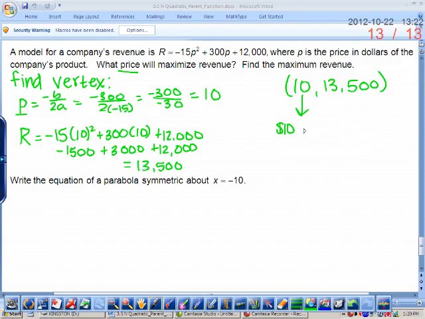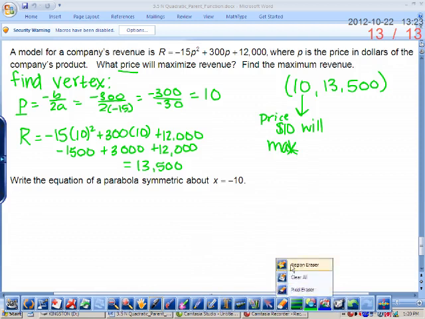So $10 will maximize revenue. Yes, I should say price of. When we solved for the x value of our vertex, it was P. Okay, what is our maximum revenue?